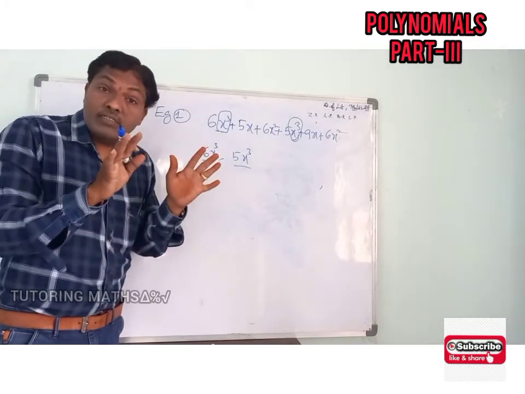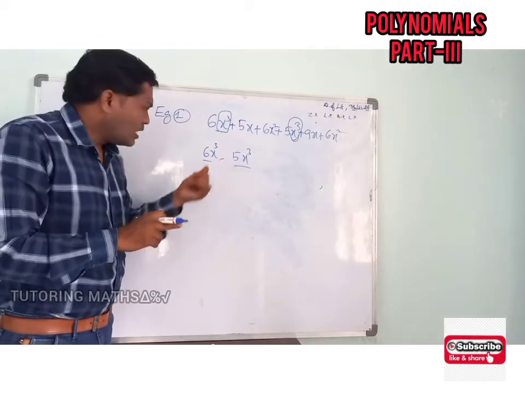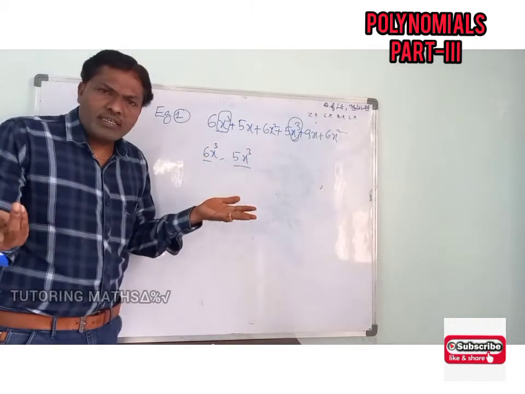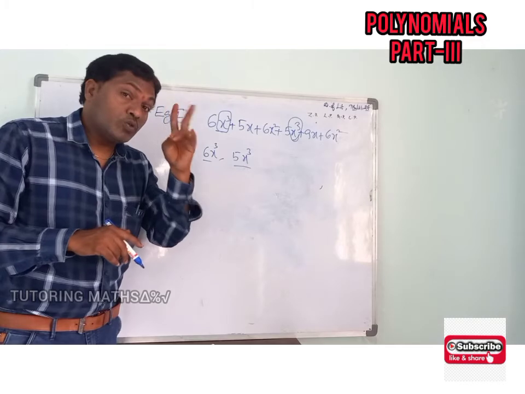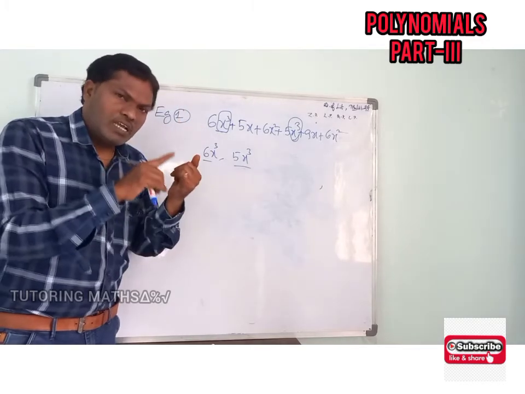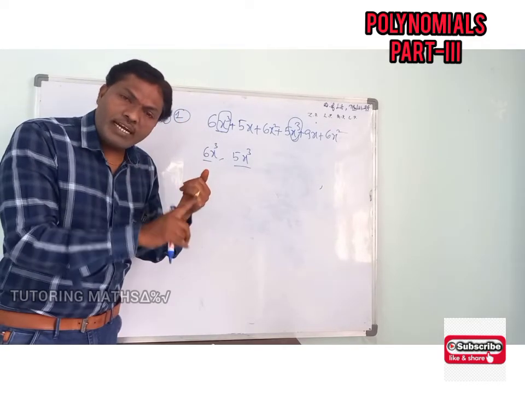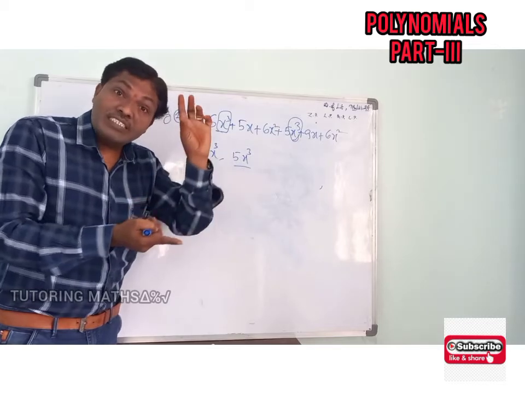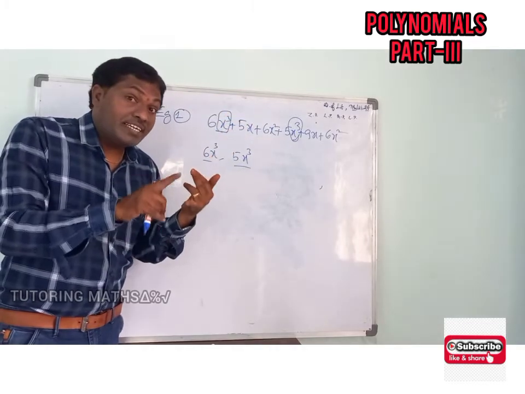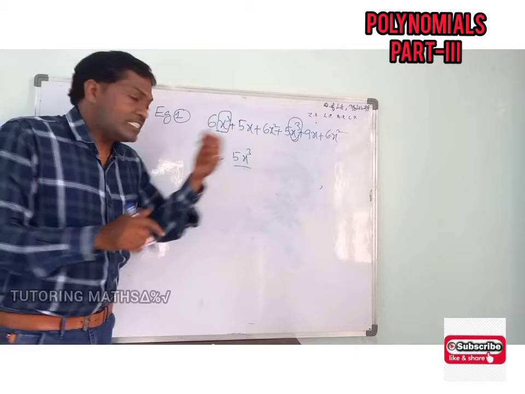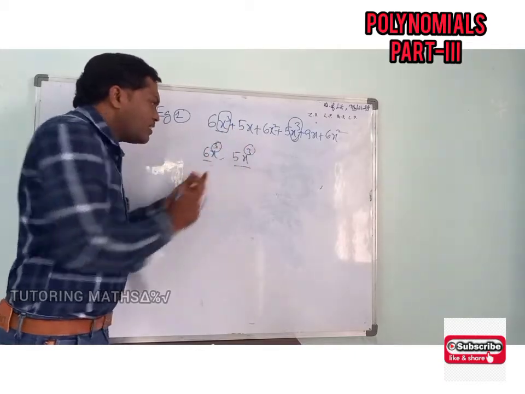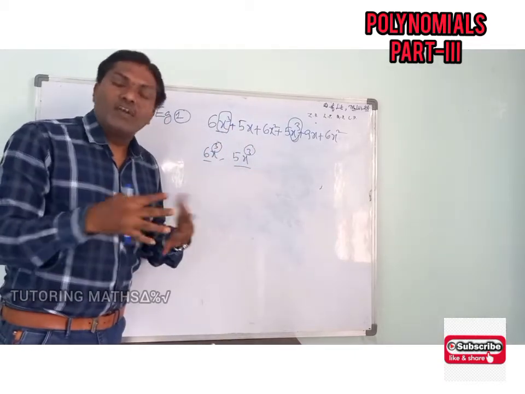You neglect the coefficients. What are the two things we should keep in mind? If the literal terms are the same with the same exponents, then the terms are called like terms.